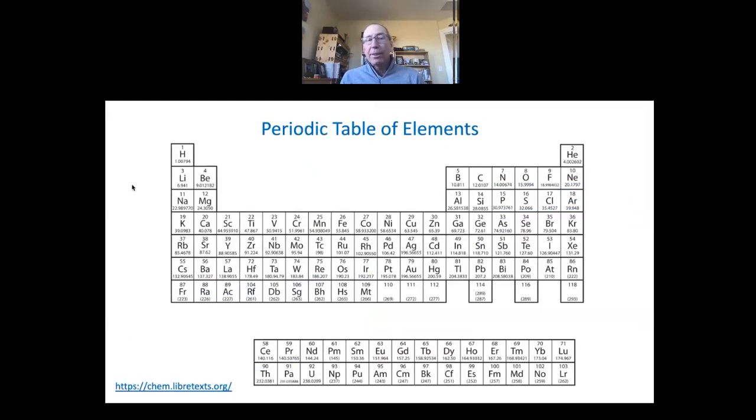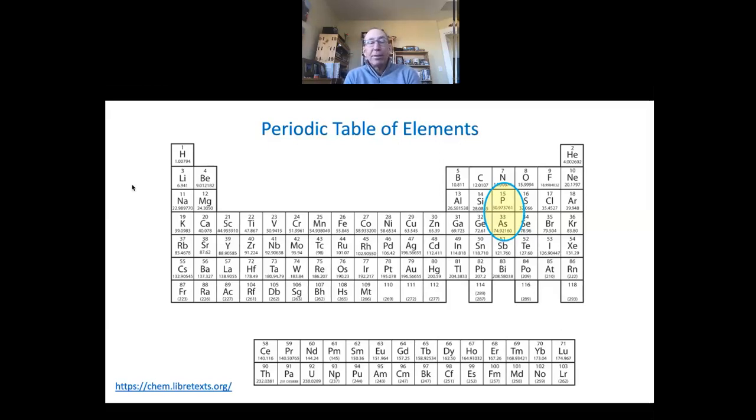But first, let's look at the periodic table of elements and see if we can understand this, where arsenic falls in the table and what the biological implications for this are. So, as you see here, arsenic is directly under phosphorus in the periodic table of elements.